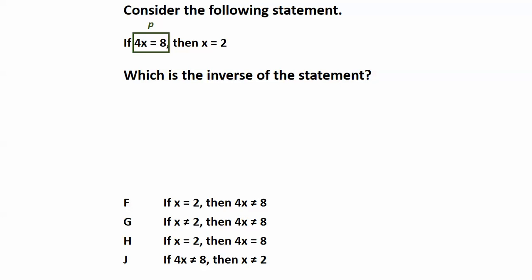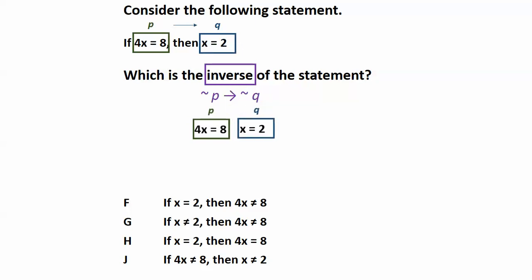Our P in our given statement is 4x equals 8. Then our Q is x equals 2. To write our inverse, we know that it's going to be not P, then not Q. So we'll take our P and make it not P, and we'll take our Q and make it not Q. 4x equals 8 becomes 4x does not equal 8.